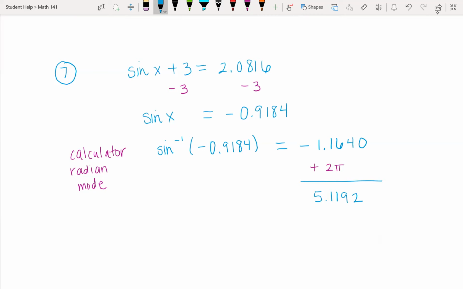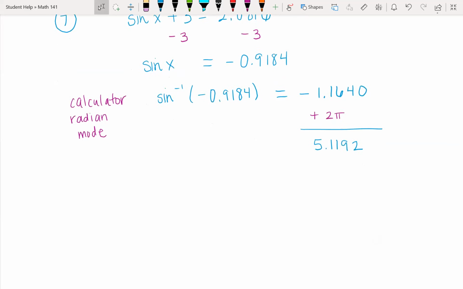Now let's think about where these answers are on the circle. We know that pi is 3.14. And then if we did pi over 2, that is about 1.5708.